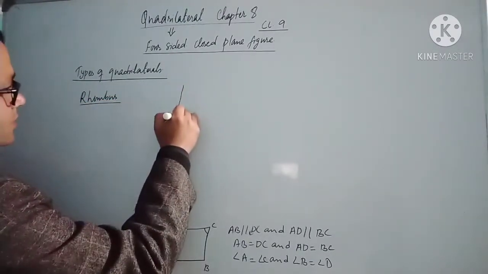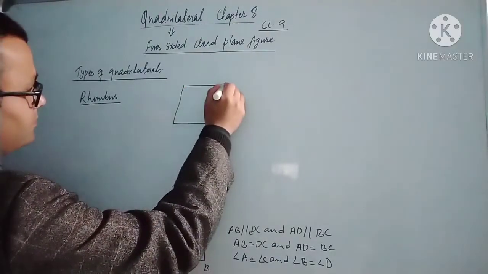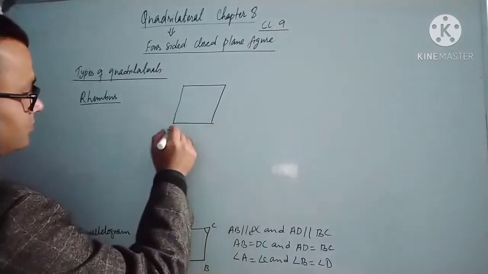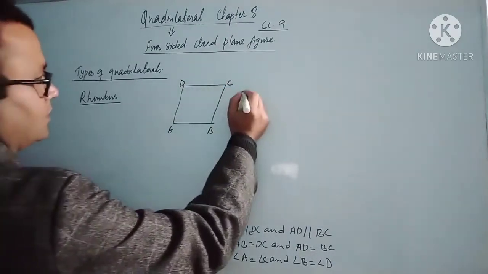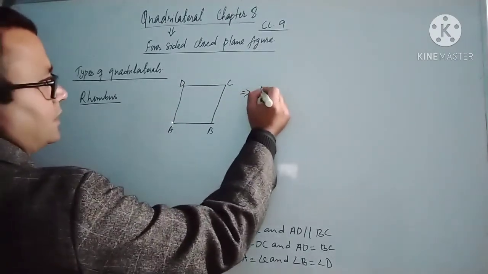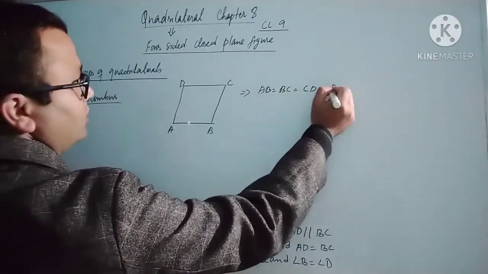In rhombus, all the sides are equal. A, B, C, D. Here AB equals BC equals CD equals DA.